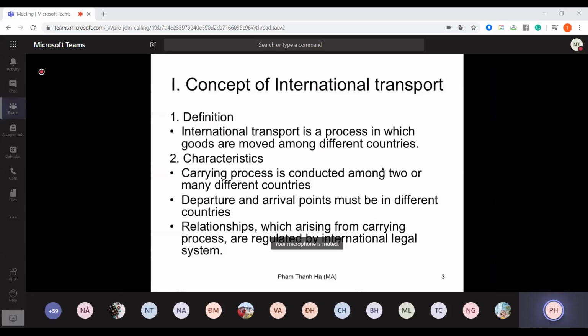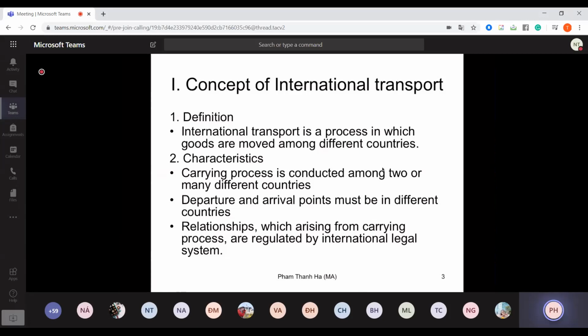I think overall we're very familiar with the concept related to transport, so in this context I just want to focus on international transportation. What is international transportation? I think there are many definitions related to it, and I just want to use a very simple one. Briefly, international transport is a process in which goods are moved among different countries.